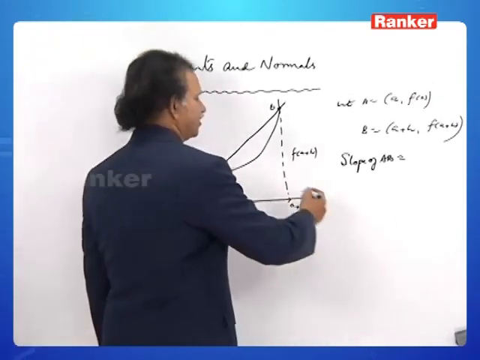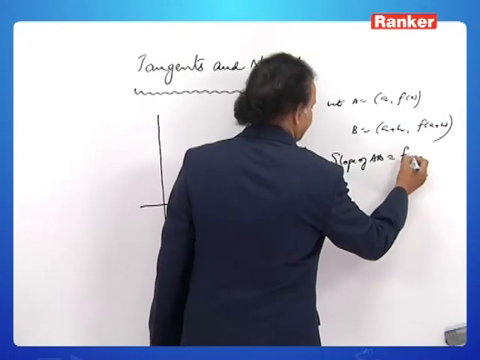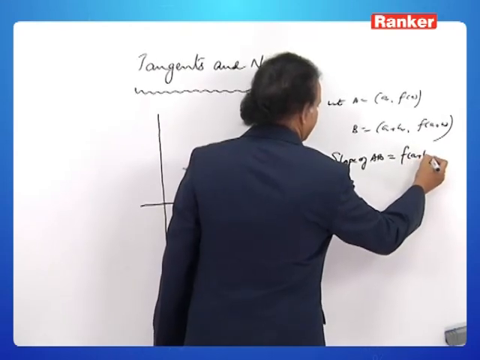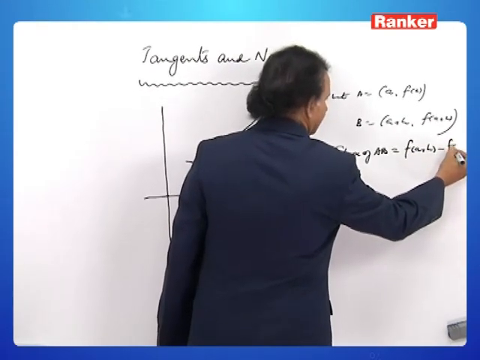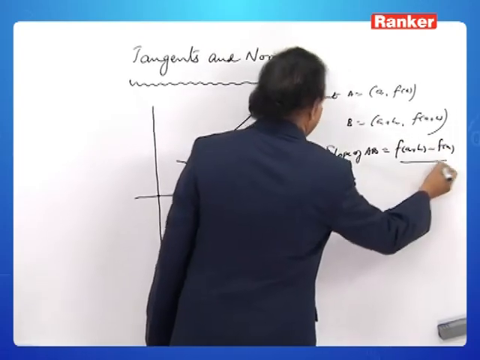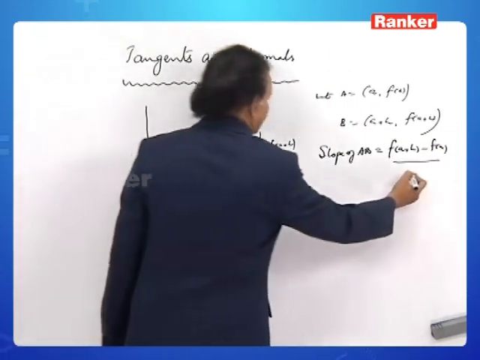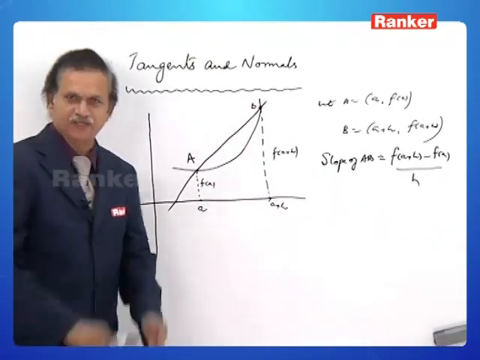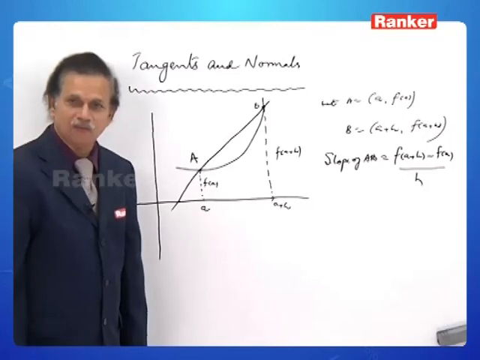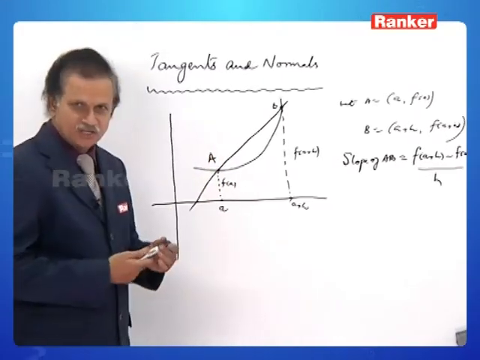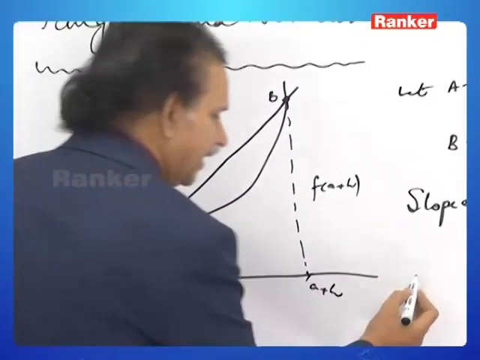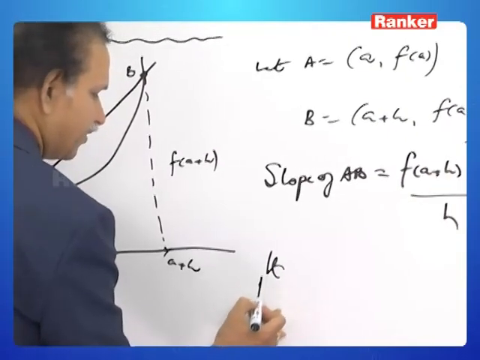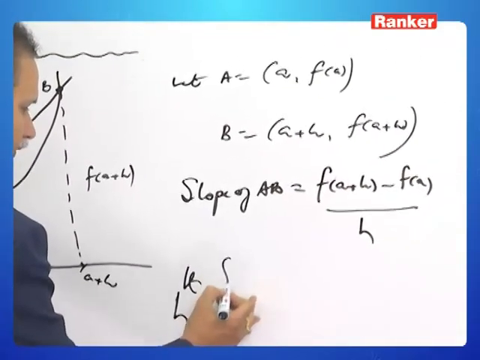According to that, tell me, what is the slope? f of a plus h minus f of a by a plus h minus a, which is nothing but h. Okay, now you take limits on both sides as h tends to 0.